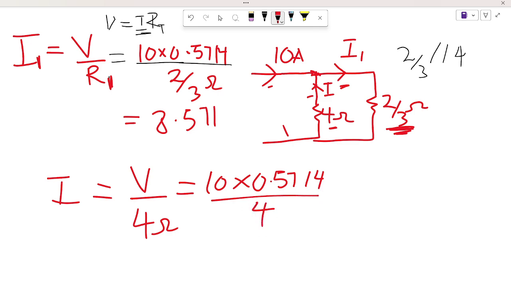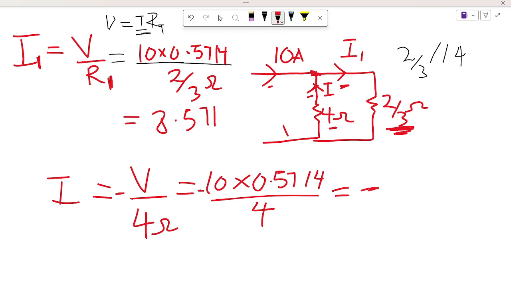But we have to notice that because the arrow is moving in the opposite direction, we have to bring a negative in front of our answer, and that's one thing we have to take note of.